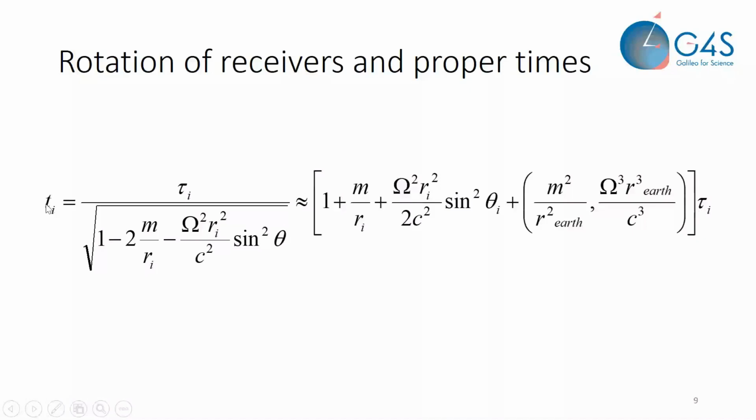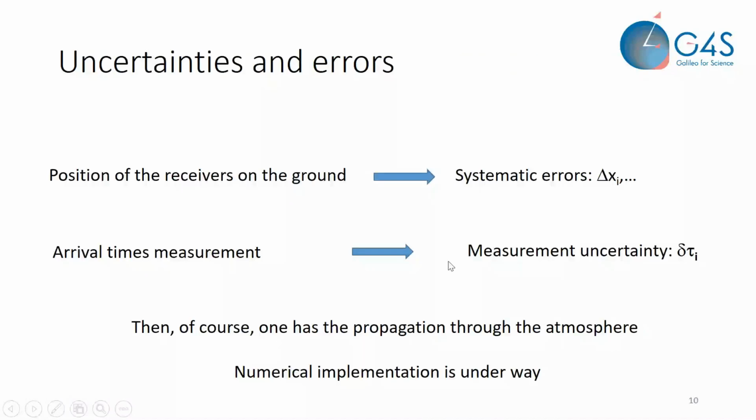Now, there is something to be considered concerning uncertainties, errors, and so on. So far, we have seen that we have an analytic solution, of course, but the parameters you use for describing a solution contain information which cannot be exact.